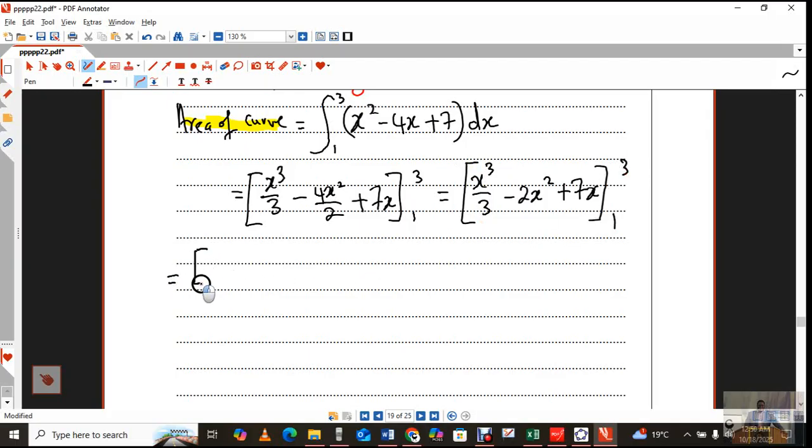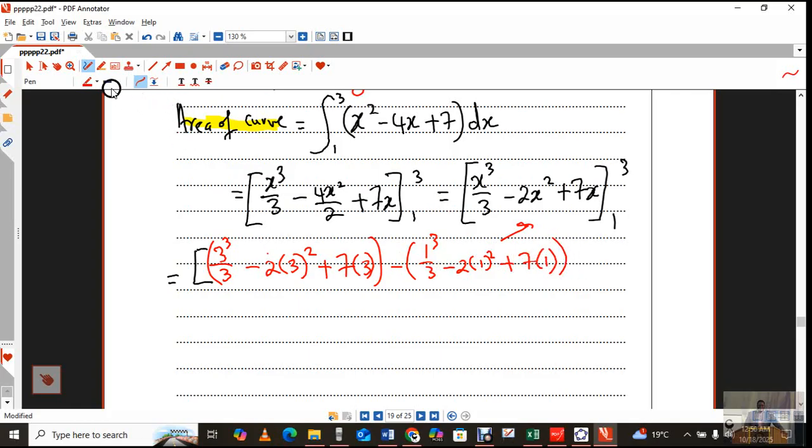Right, so at this moment, substituting the upper limit of integration, that is going to be 3 cubed over 3 minus 2 times 3 squared plus 7 times 3. All right, I have done the upper limit. Now I'm going to do the lower limit, and that is going to be 1 cubed over 3 minus 2 times 1 squared plus 7 times 1.